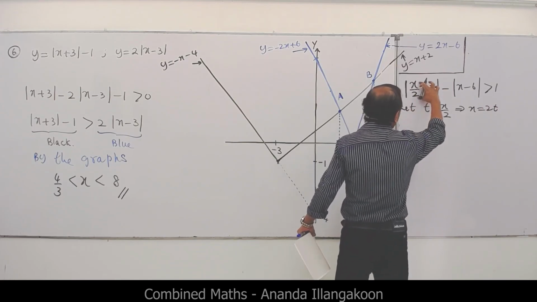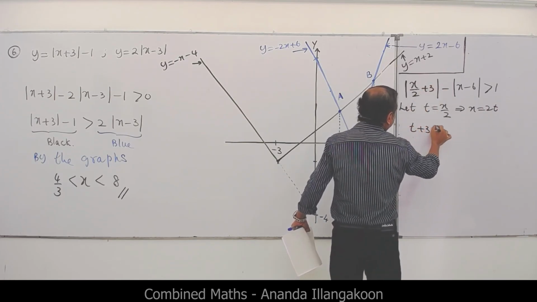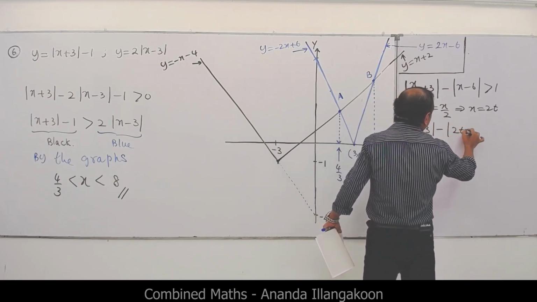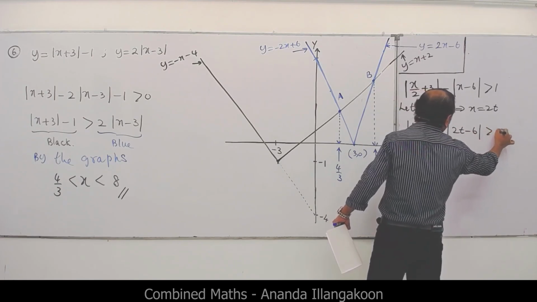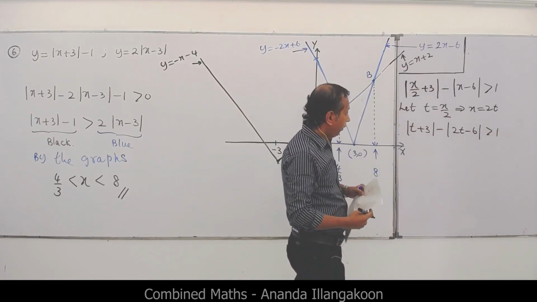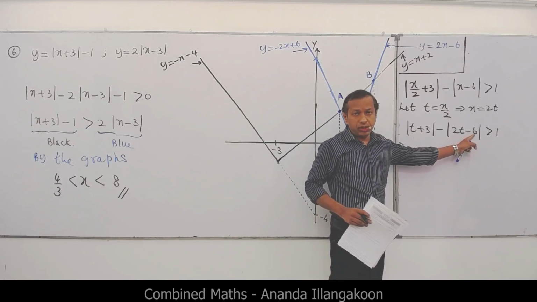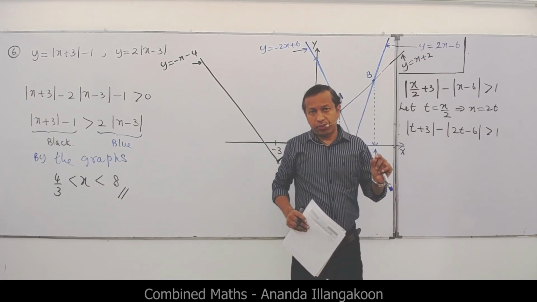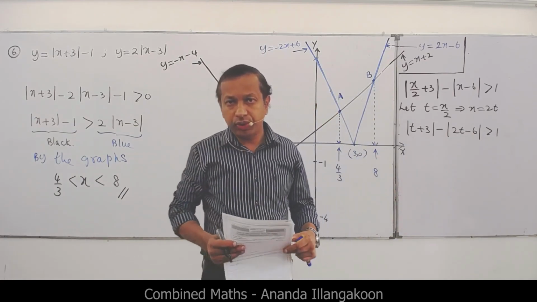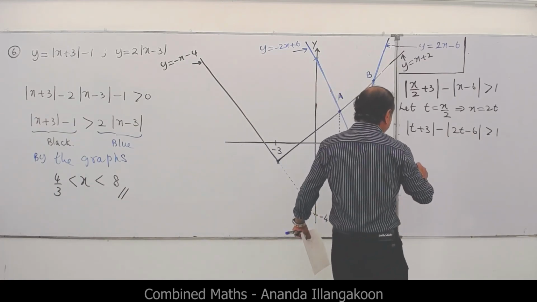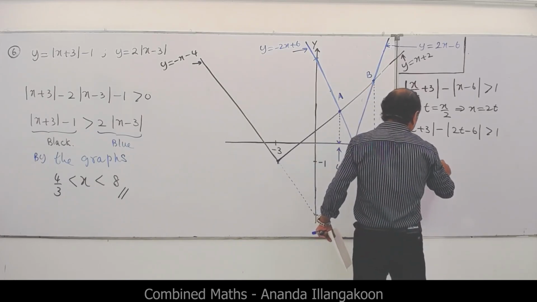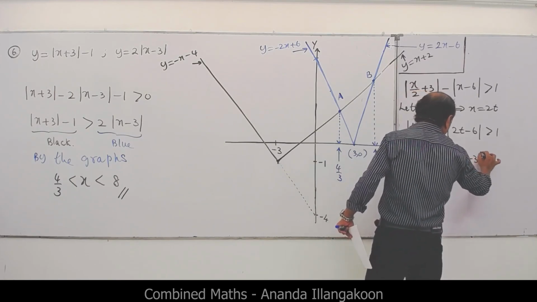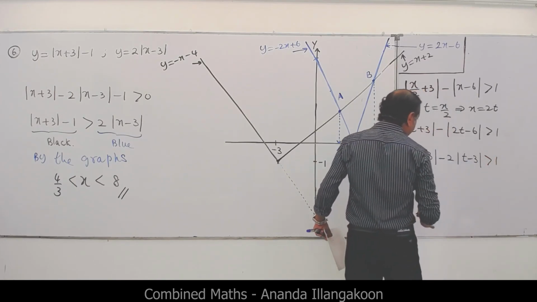Here, mod t plus 3 minus mod 2t minus 6 greater than 1. Plus 2, you can take it out from the mod, the positive value we can take out from the mod. So it's mod t plus 3 minus 2 times mod t minus 3 greater than 1.